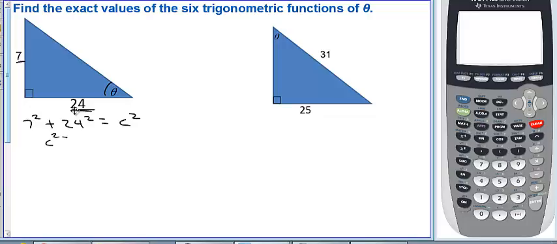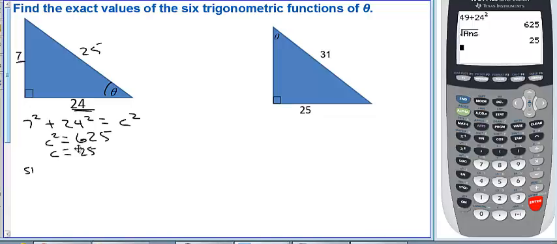So c squared is equal to 49 plus 24 squared. And we get 625. So c is equal to the square root of that, which is 25. So the hypotenuse is 25.